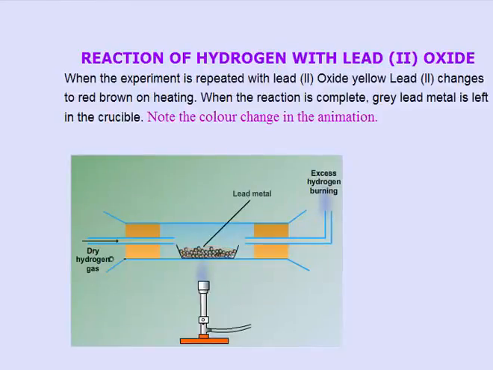When the experiment is repeated with lead(II) oxide, yellow lead(II) oxide changes to red-brown on heating. When the reaction is complete, gray lead metal is left in the crucible. Note the color change in the animation.